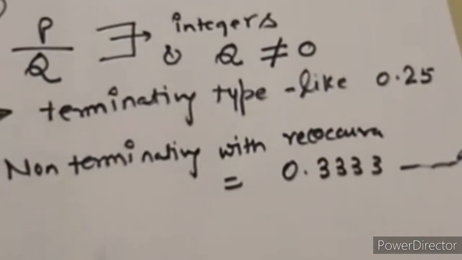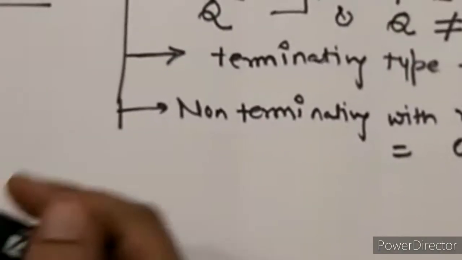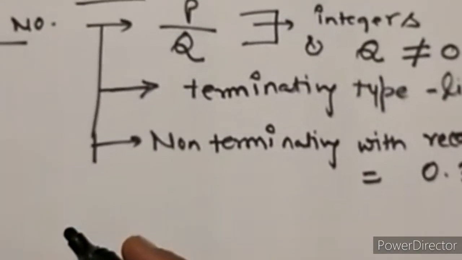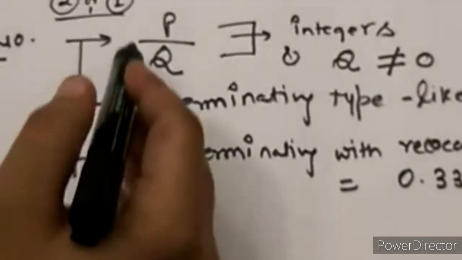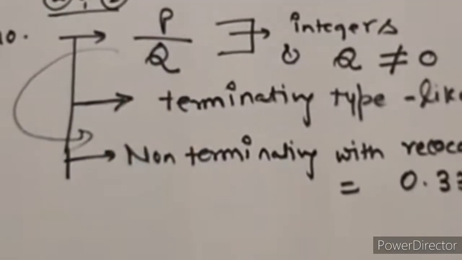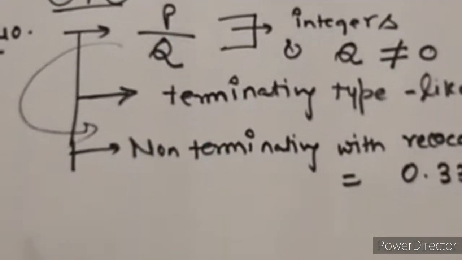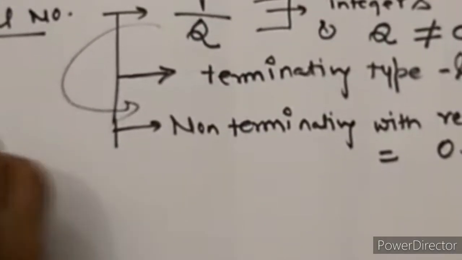So only those numbers are rational numbers of the form p by q which have either of these qualities.